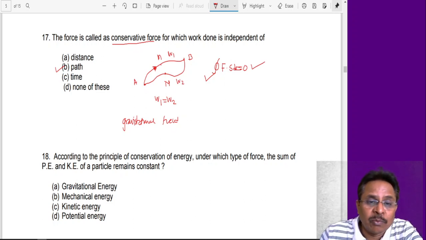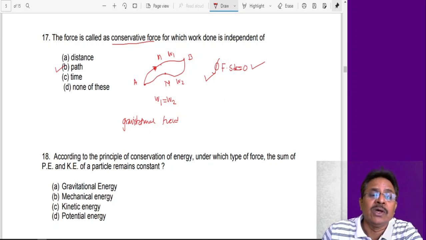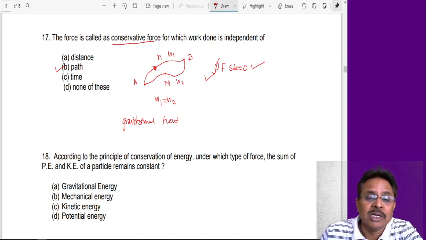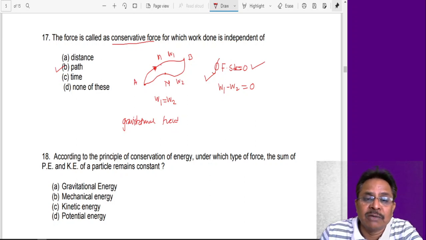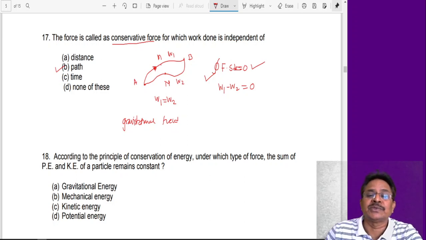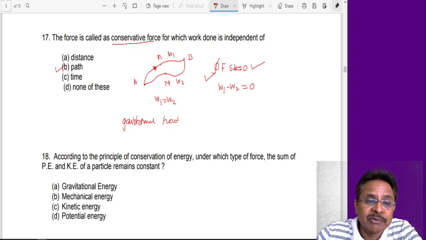Either I can go for path definition, or it depends just upon the end points only, or I can go for calculation of work done, W1 is equal to W2, or if I go for this calculation, integral F dot S into ds, this will be simply W1 minus W2, and this is equal to 0, because in one case work is positive, and in the other case work done is negative. But W1 and W2 are equal, and when they are subtracted, I will get total work done equal to 0. So this is the example of a conservative force field.